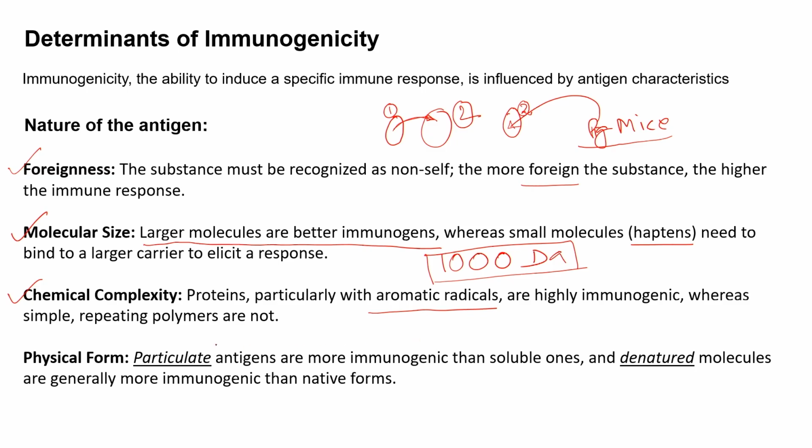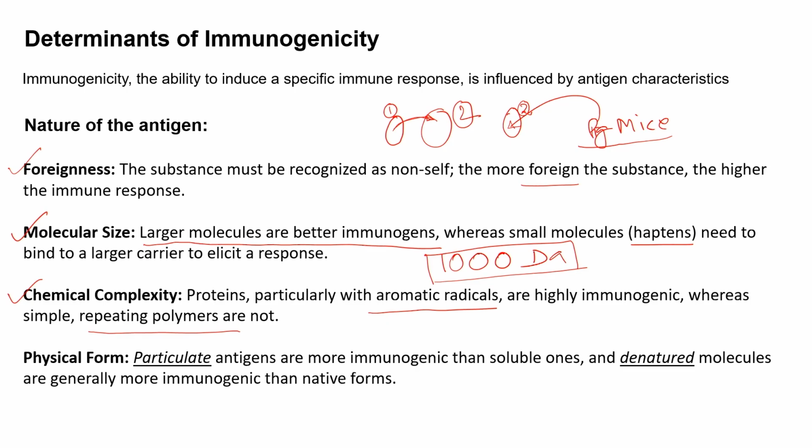Also, when we talk about molecules which are polymeric in nature, if there is a repetition of a similar kind of polymer, then we may not get a very good immune response. But if it is a polymer with varying composition or varying substitution in the protein, then these polymers could be highly immunogenic in nature.